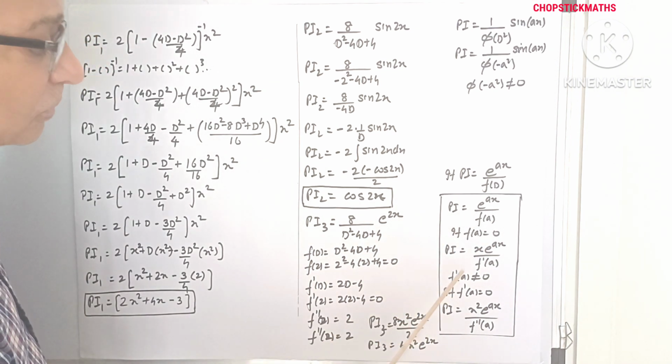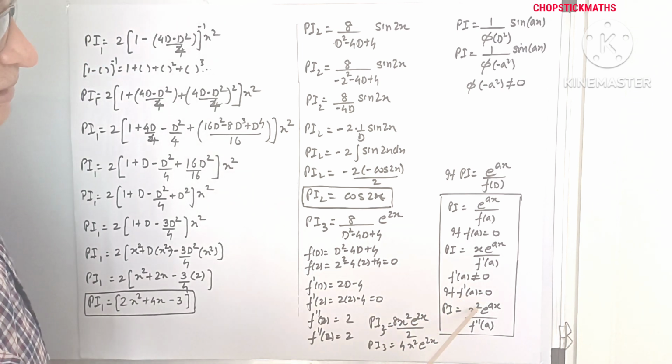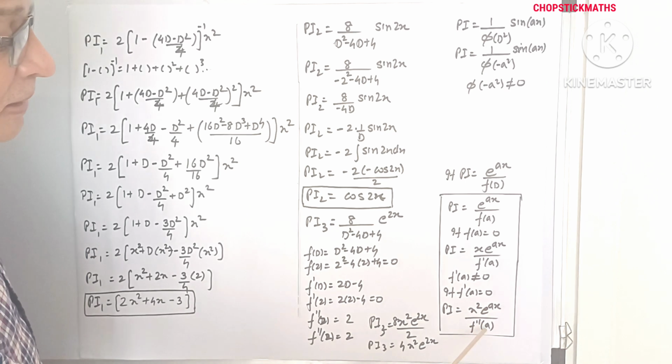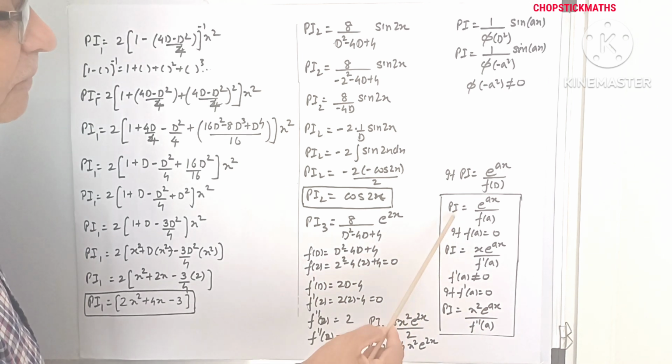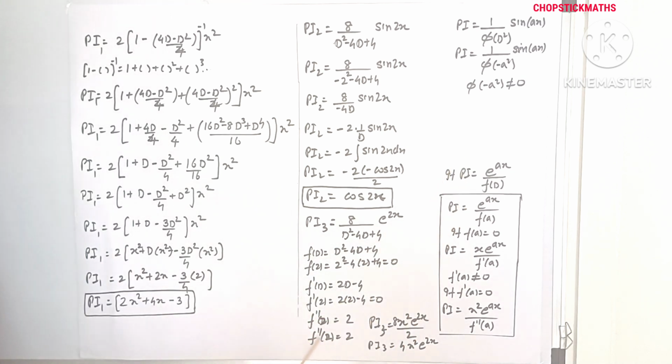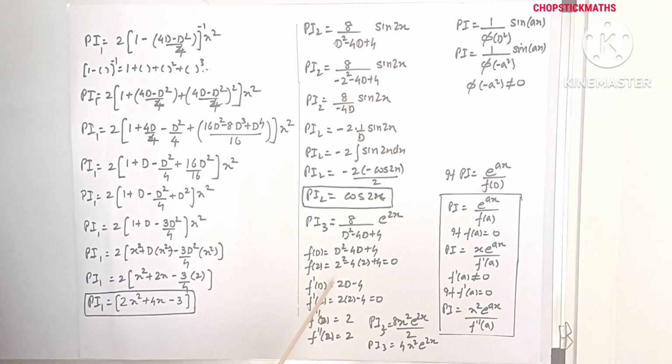We'll have to go to the third property. That is, if f prime a is equal to 0, then PI is equal to x square into e raised to ax upon f double prime a. That is, we'll have to take the second derivative of f of d. That is, f double prime d is equal to 2. That is, derivative of 2d is 2 and derivative of minus 4 is 0.